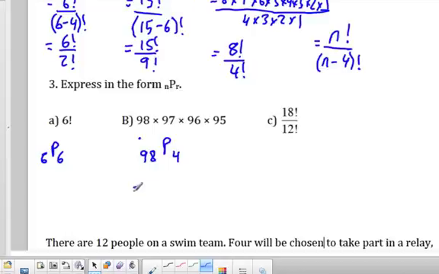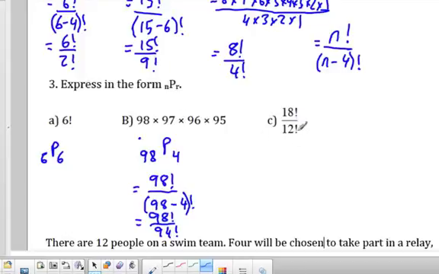If we expand this, this would be 98 factorial over 98 minus 4 factorial, which would be 98 factorial all over 94 factorial. So that means that all of the 94 factorial will cancel out, except for the 98 times 97 times 96 times 95.